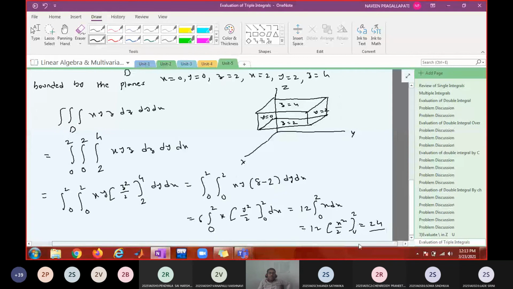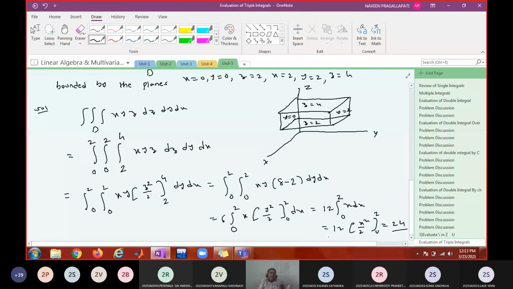You should not write it. Why? Because the integrand is not constant. The triple integral of 1 gives volume, as I said. Here the integrand is not 1.